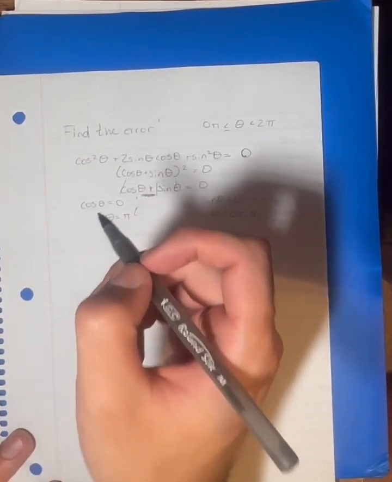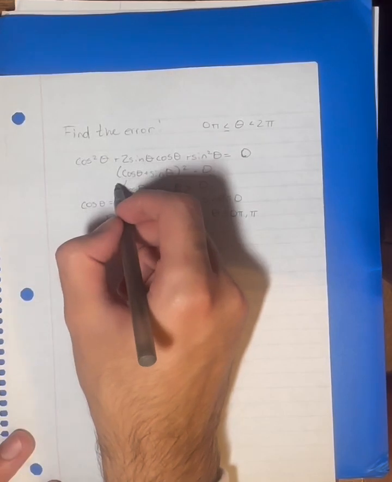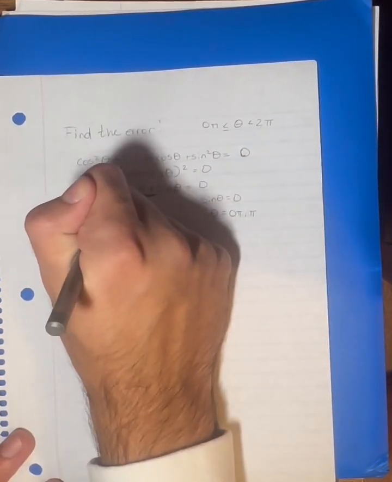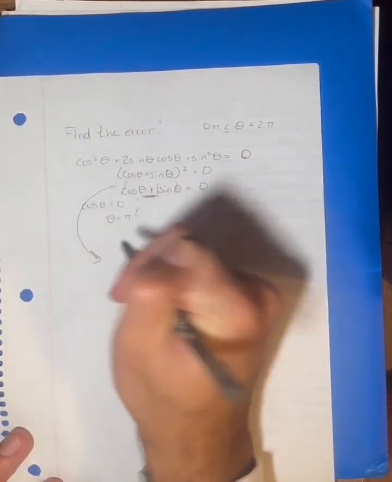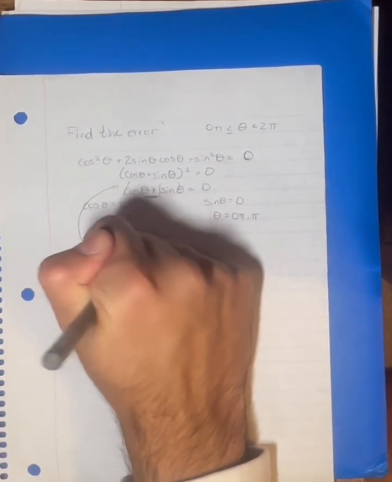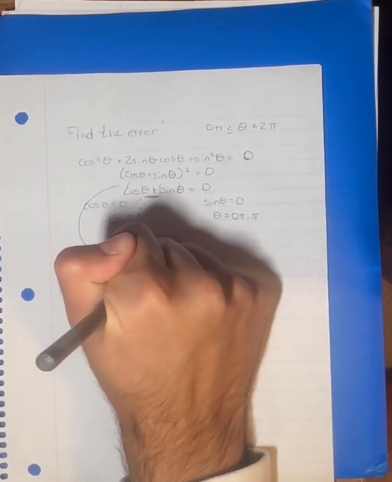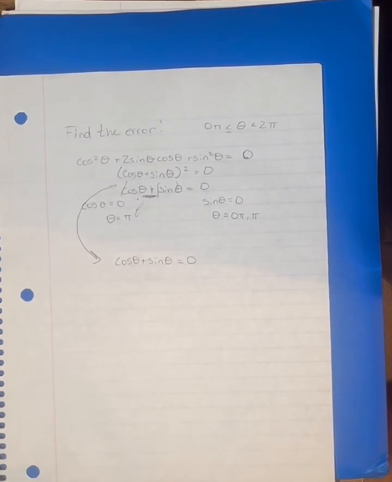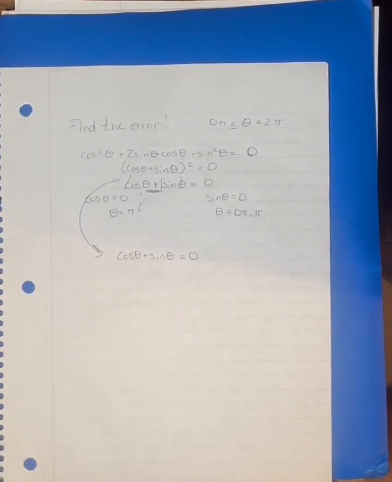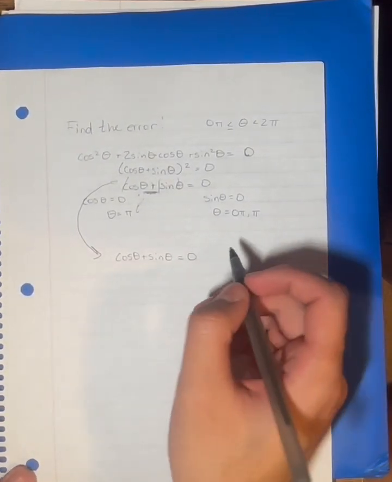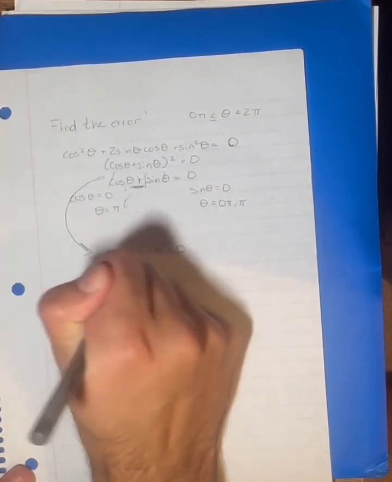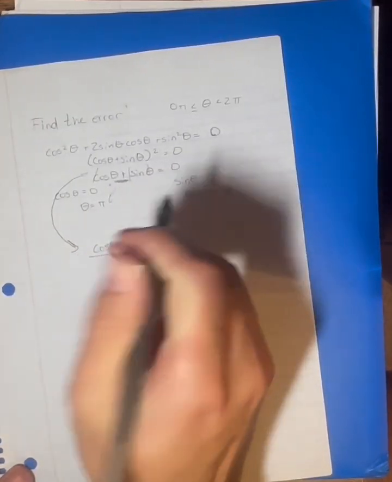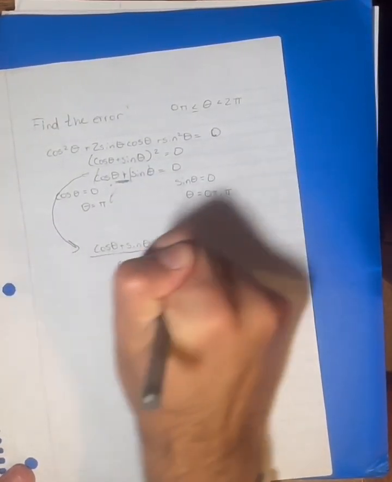The way that we can fix that is if I take this down here. So I have cosine theta plus sine theta equals 0. The way that I would do this is divide everything by cosine theta.